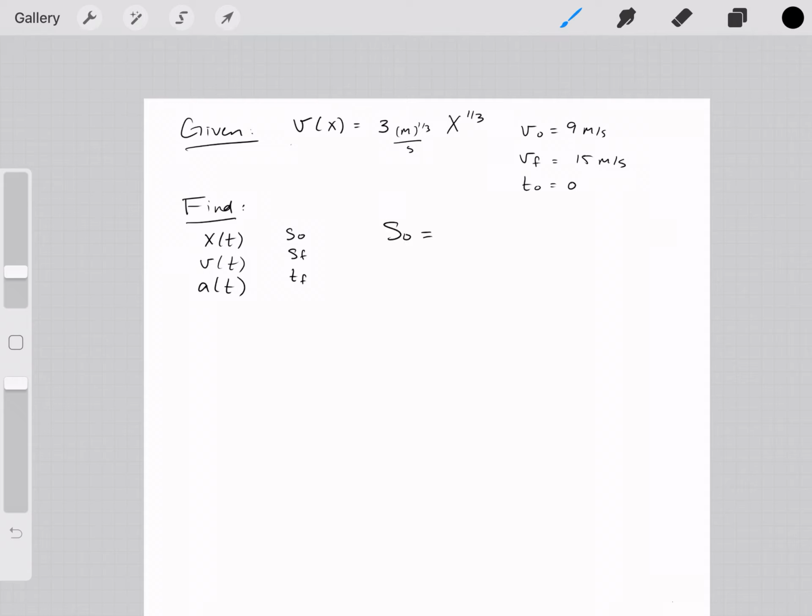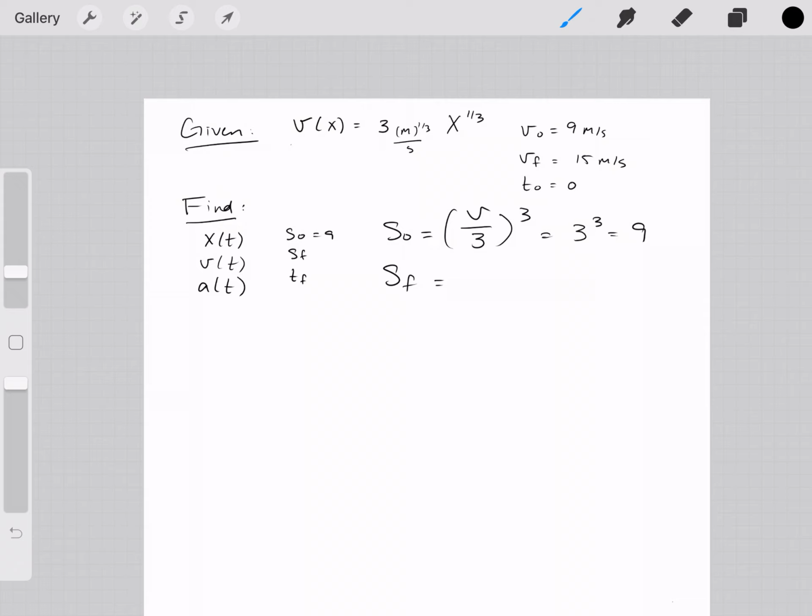X naught or S naught, because I want to use these interchangeably because S is very similar to X and the textbook is going to have both. So we're going to be using both in this problem. That is V over 3 cubed, which is 3 cubed, 9. So S naught equals 9.